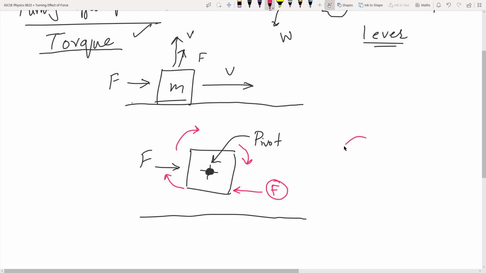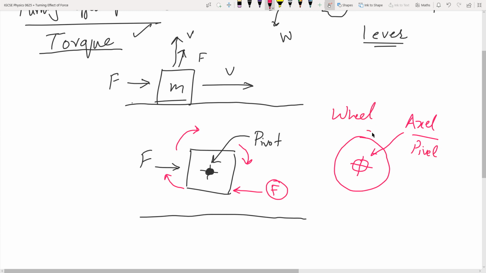The example would be a tire. A tire is actually bound by its axle. The axle is the pivot for that wheel. So if we take the example of a wheel, we know that the wheel is going to spin around. Another example would be a fan.